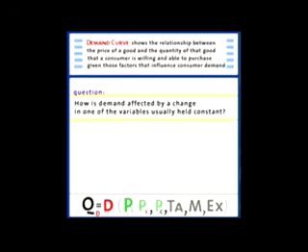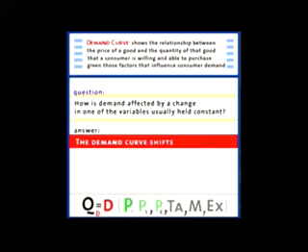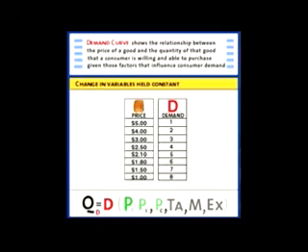Let's go back to the original demand schedule we used in our last story. Here's a particular household, and this household has behavior that's represented by these numbers. At a price of $5 per loaf, they demand 1 loaf of bread per week. $4 a loaf means 2 loaves of bread per week for them, and so forth. These numbers represent the quantity of bread that they are willing and able to purchase at these different prices for bread.